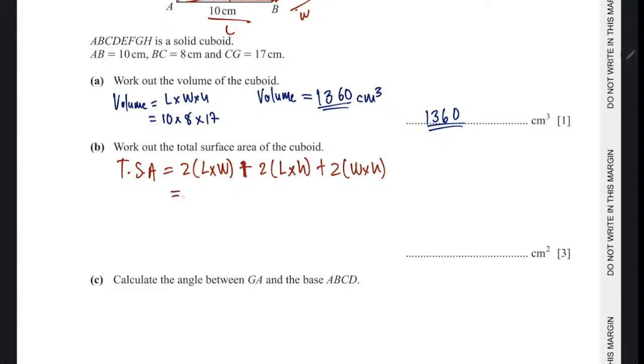So this is going to be 2 of, what is the length? 10 times what's the width? 8, plus 2 of, what is the length? 10 times what's the height? 17, plus 2 of, what is the width? 8 times the height? 17. You get your nice answers for the total surface area of your cuboid, and you move on. Can you punch this, someone?